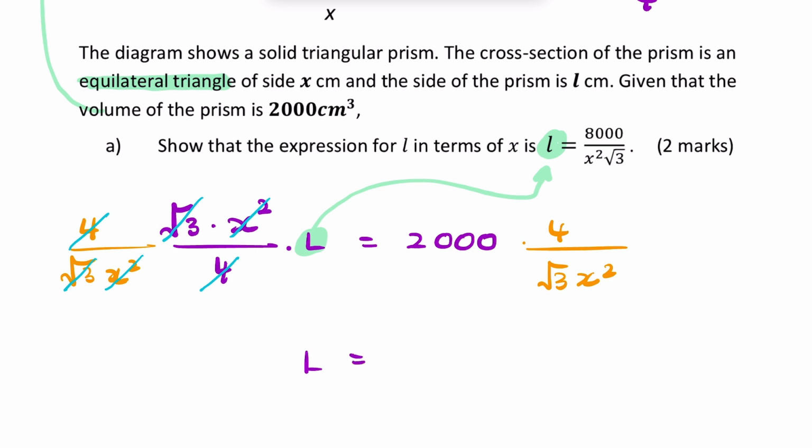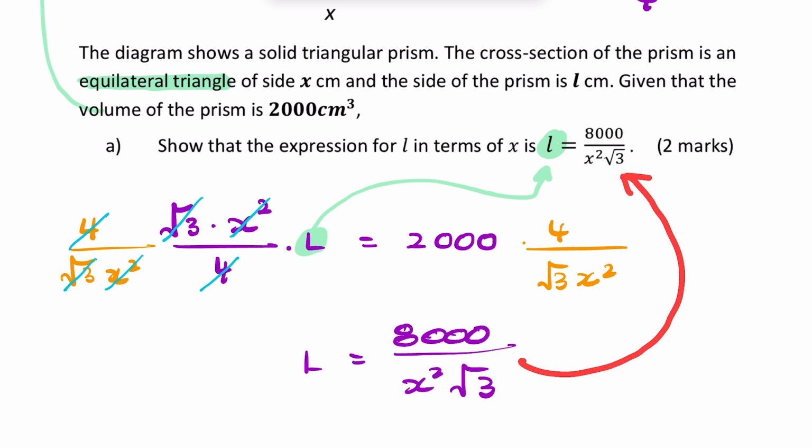If you multiply 2000 times 4, that's 8000, over x squared root 3, which is the same as the expression they asked us to find. So that's your first part.